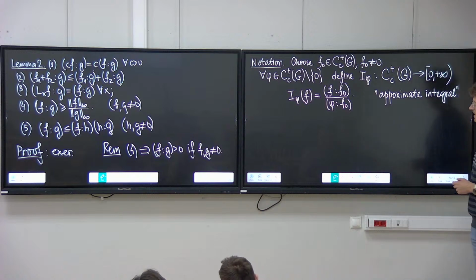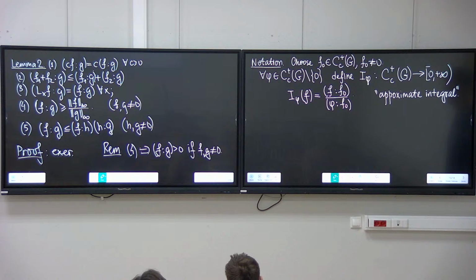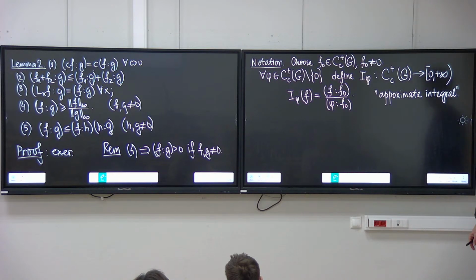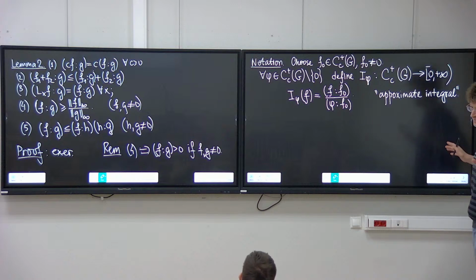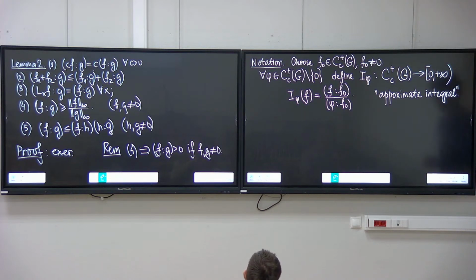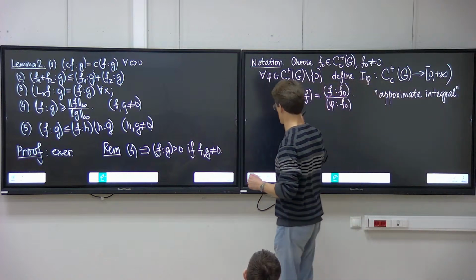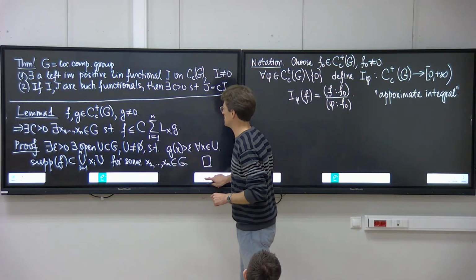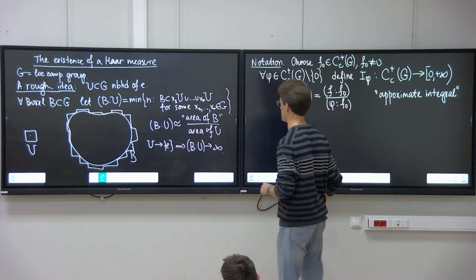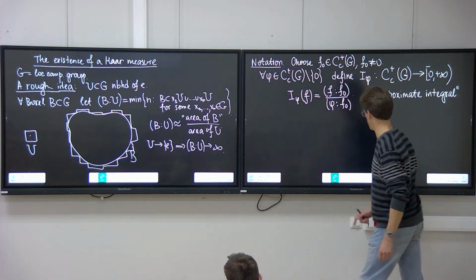So basically, the idea now will be to choose phi such that the support of phi is very small, and then get something which converges in some suitable sense to a left invariant function. So in some sense, this idea corresponds to what we discussed here, in the language of measures.